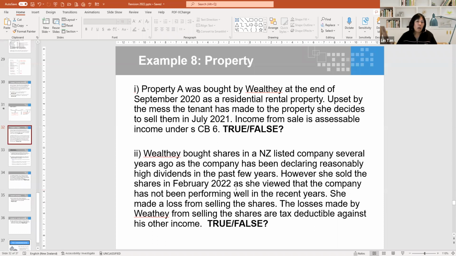All right. You can argue that she bought the shares for the purpose of selling, but then give your reason why you think it will be the case. And if you think that she bought for reselling, then if she makes any losses, the losses are tax deductible. Okay.